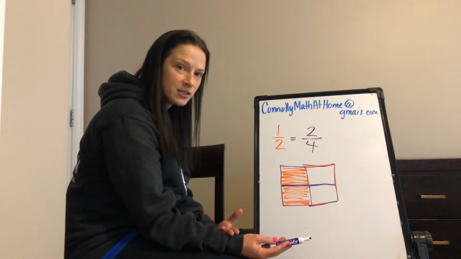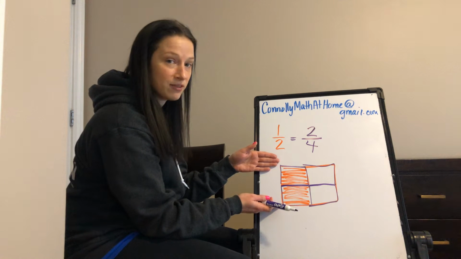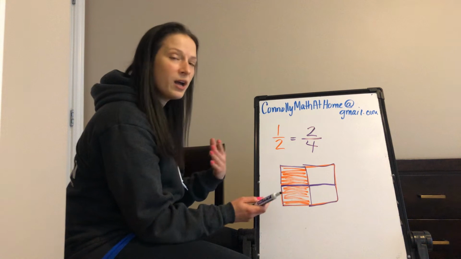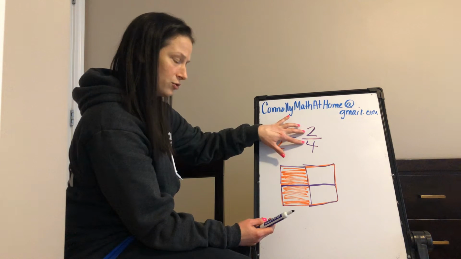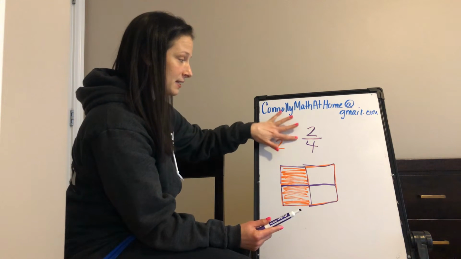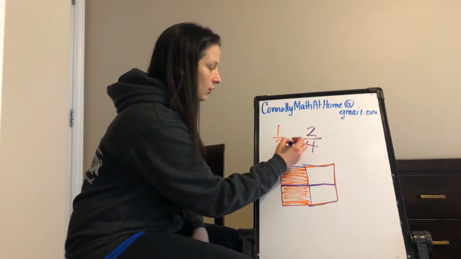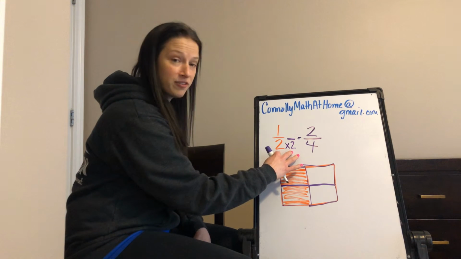What else is going on, and what we want you to start learning, because this is the first part, we want the visual representation. What is the relationship between the 1/2 and the 2/4? I'm going to show you. What happened is we doubled the number of pieces.